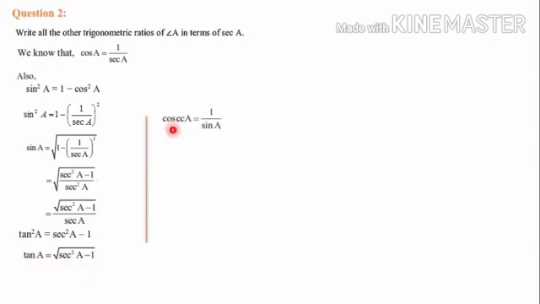Next one, cosec A is equal to 1 by sin A. We have already calculated sin A here in terms of sec. So cosec and sin are reciprocal ratios. Cosec A is equal to 1 by sin A. Let's substitute the value of sin A, that is 1 divided by root of sec square A minus 1 divided by sec.